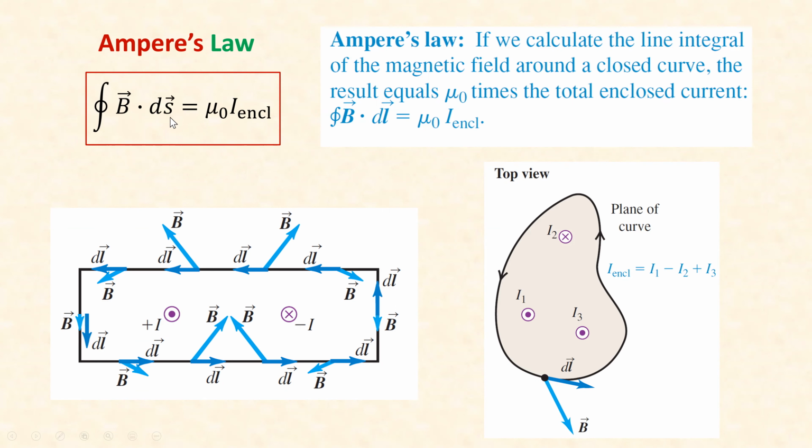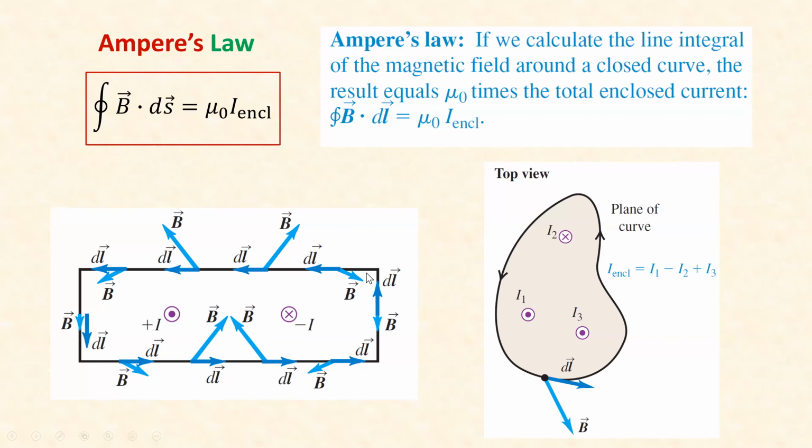So B dot ds, ds or dl. Here we have ds, here we have dl. I wasn't very consistent. Some of the material is from another book. So you see that in this part, B and dl make an angle less than 90 degrees. So B dot dl is positive.